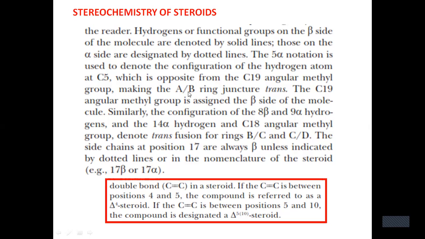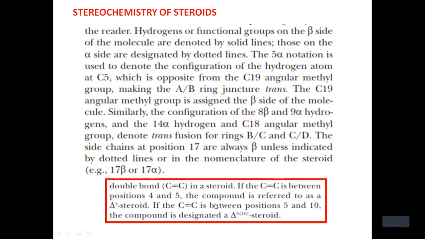As I already told you, AB is trans, CD is again trans, B and C again trans, C and D again trans. Okay, so like this, the structure of each point of the steroid is explained.